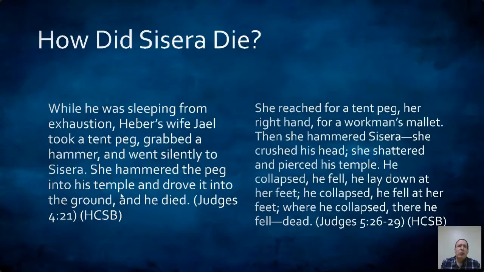But I would like to point out that in chapter 4, this is giving a kind of straightforward account of what happened. And what I'm quoting from chapter 5 is from the Song of Deborah. This was a song of victory that she and Barak are singing after the battle.